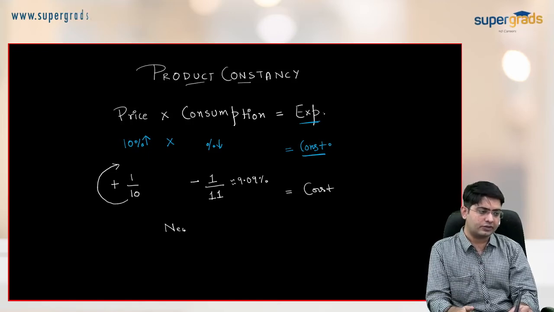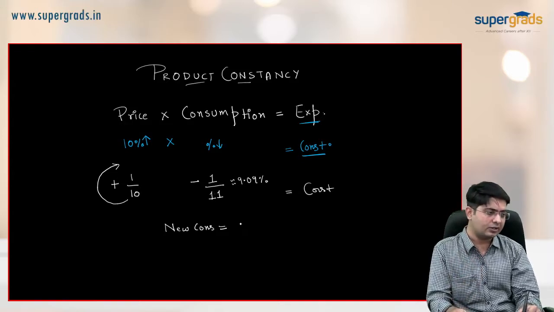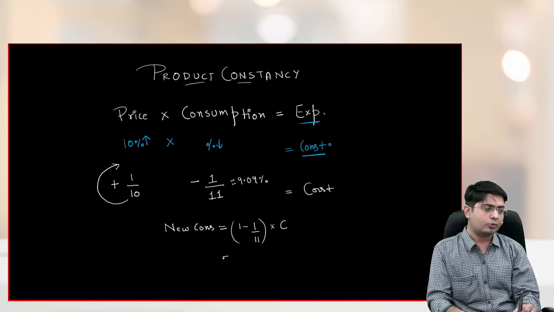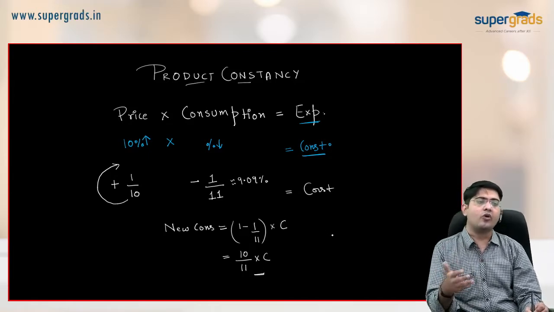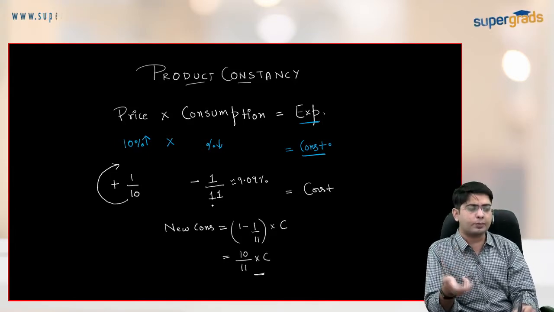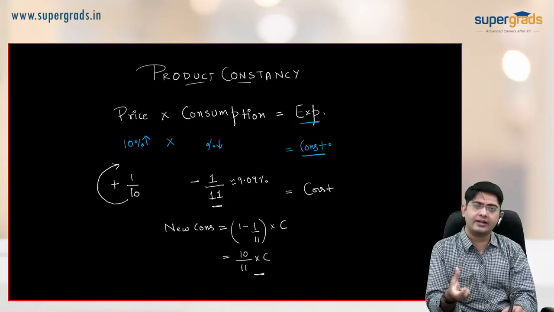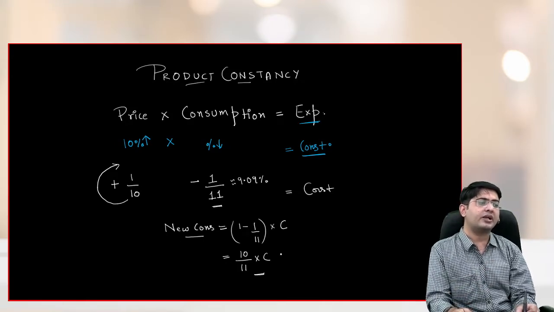The new consumption would be 1 minus 1 by 11 of the original consumption. Suppose the original consumption was C; the new consumption is 10 by 11 of C. You can find this directly, and it will save your time while solving complicated problems in exams.